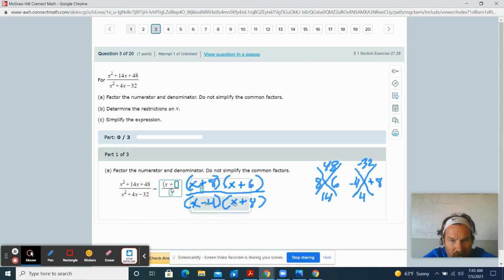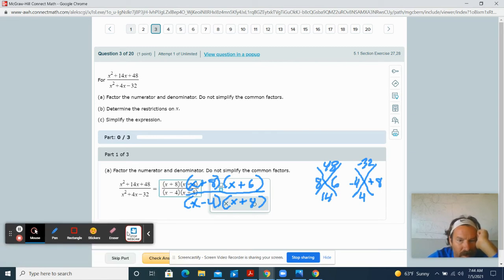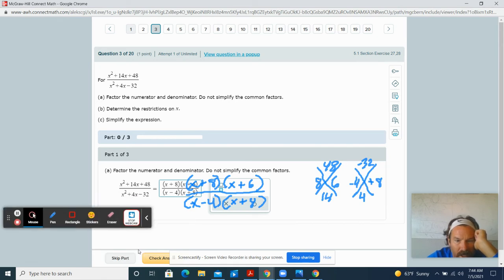X plus 8 and x plus 6 up top, and the bottom is x minus 4 and then x plus 8. Check answer.